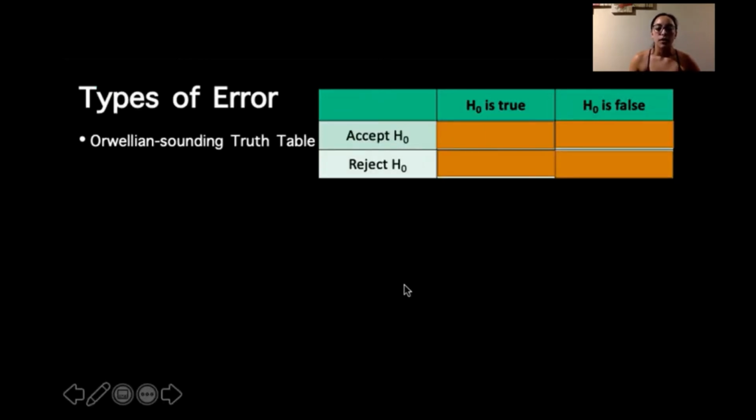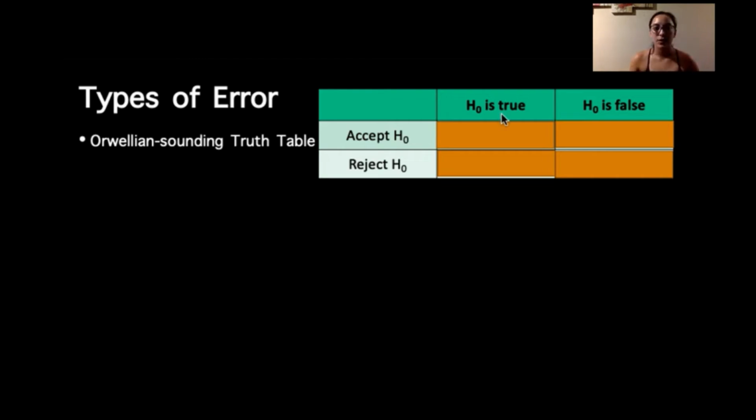So, the way that we outline error is using this thing called an Orwellian sounding truth table. And it's kind of like one of those phenotype things where you're like, does someone have a capital B and a little b, or a big B and a big B, right? And then you have all of these different combinations of possible phenotypes that could be adopted by a person.